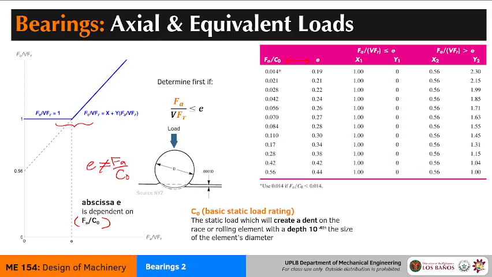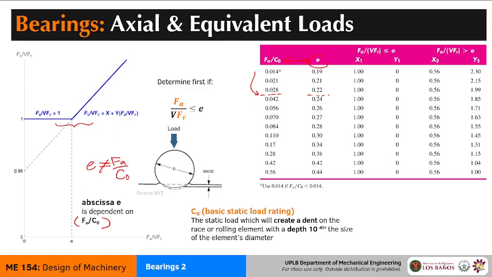So what you do here is you find where the Fa over C0 of your application is, and let's say it's just in between two particular numbers. That means you have to interpolate the value of e here in order to find out what value you should not exceed.